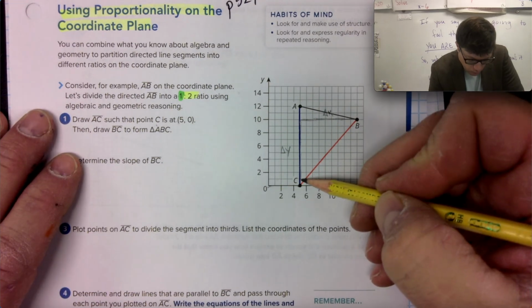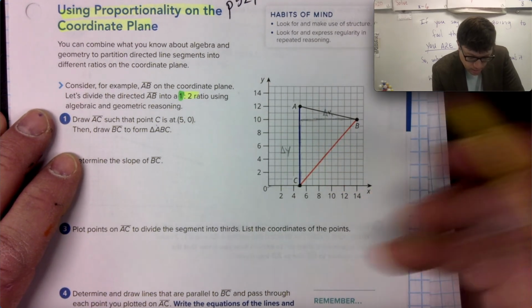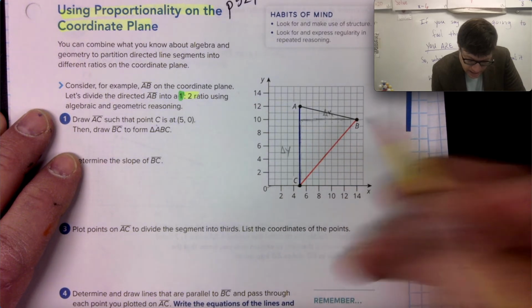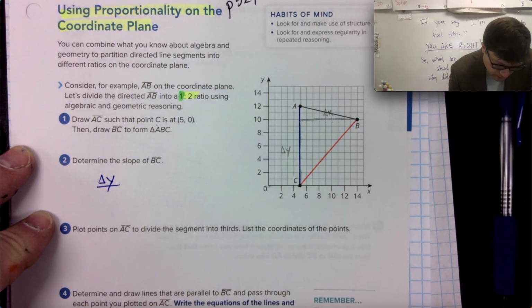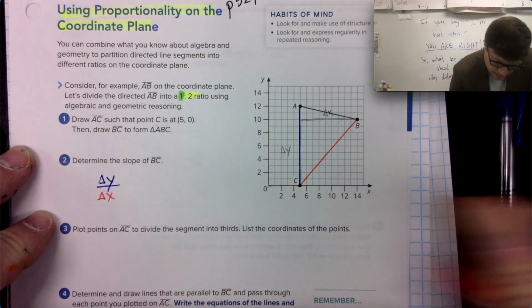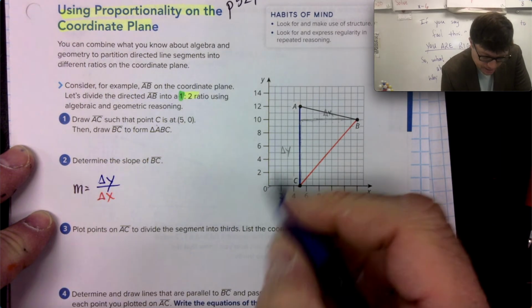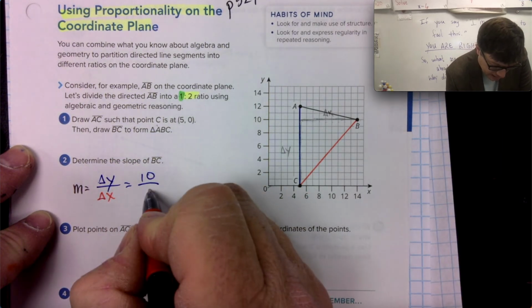So I'm going to count up: 1, 2, 3, 4, 5, 6, 7, 8, 9, 10. Then across: 1, 2, 3, 4, 5, 6, 7, 8, 9. I got delta y over delta x. This is our formula for slope. And it is 10 over 9.